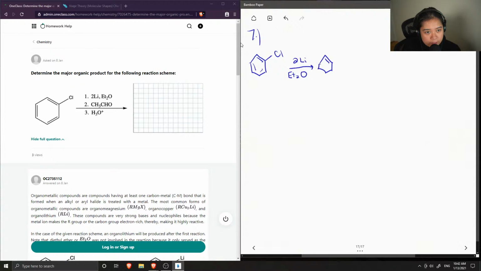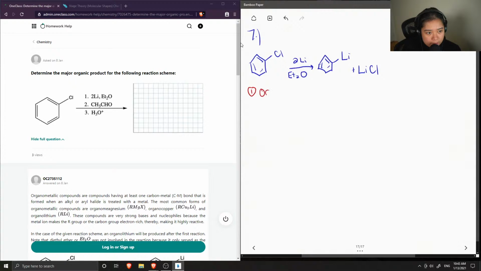So when this reacts with the lithium, it displaces the chlorine, and also lithium chloride is formed in the process. So let me just write what happened.